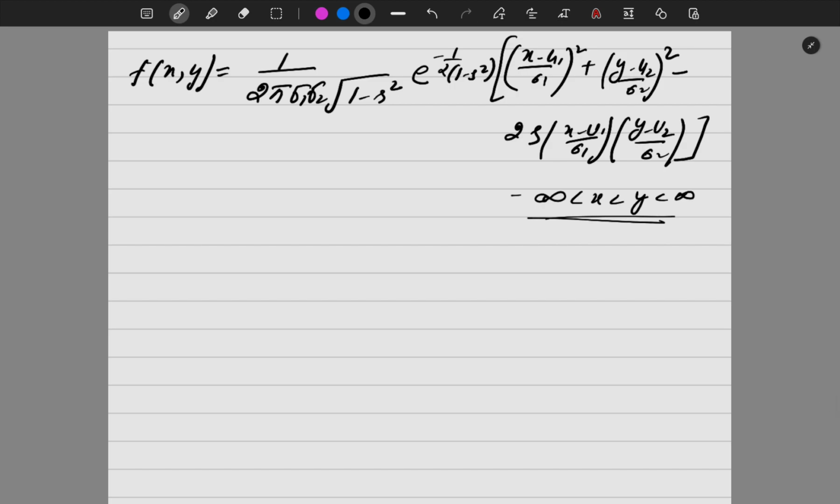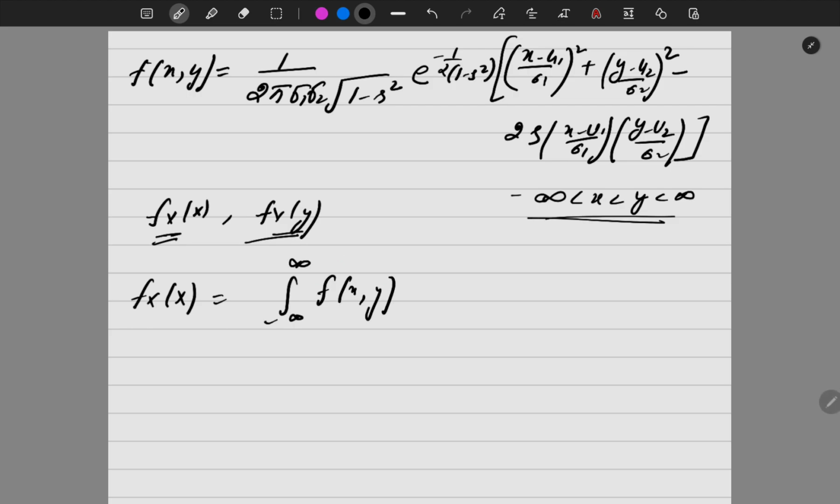From here we can find f of x and f of y. I hope you know how to calculate f of x and how to take limits when dealing with the marginal of x, right? So f of x, that is the PDF of random variable x, is the integral from minus infinity to infinity of f of x comma y, and we take limits of dy.